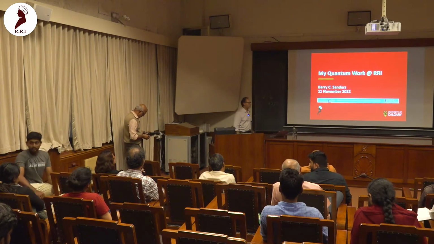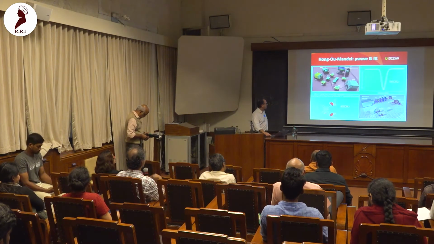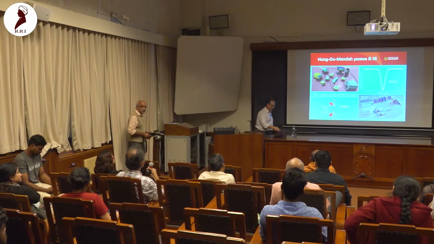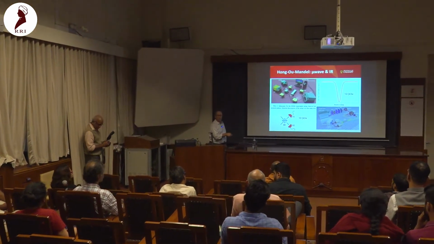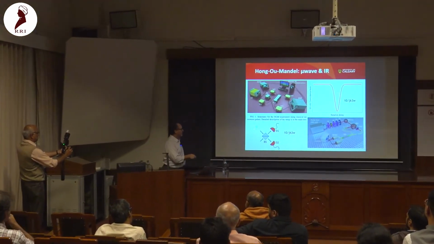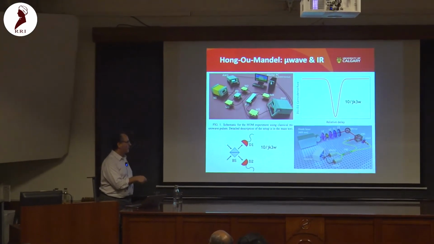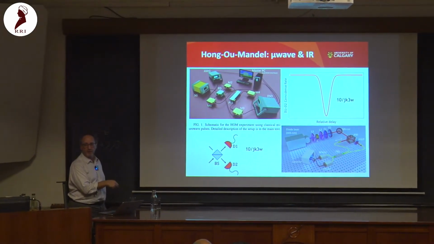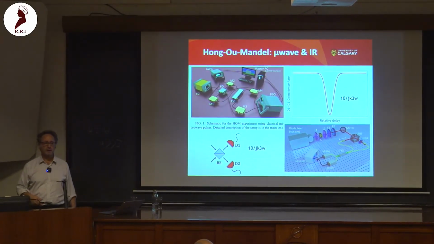I'm not sure I understand the question. The idea of the Hong-Ou-Mandel dip here is that we think of it as quantum, photon goes in, but with Urbasi's experiment, she controls the relative phase. So essentially we can treat it classically: if the phase shifts by pi, we get destructive interference. If they're in phase, we get constructive interference.